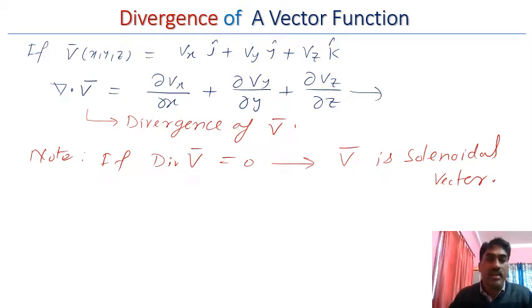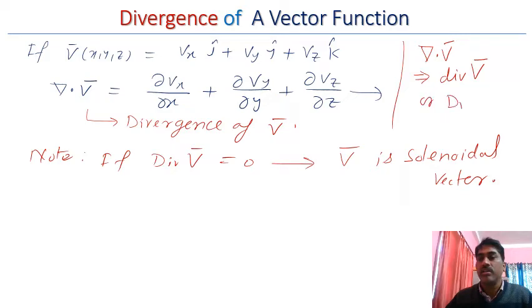Del dot V is sometimes written in shorthand as div V. This is shorthand notation for divergence of V, so we will also use this notation.